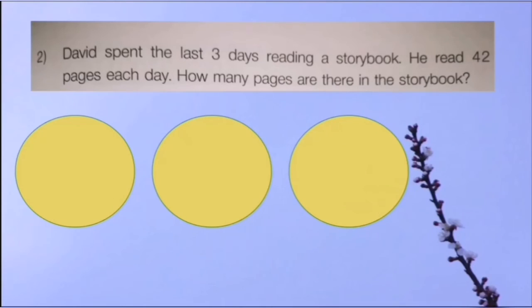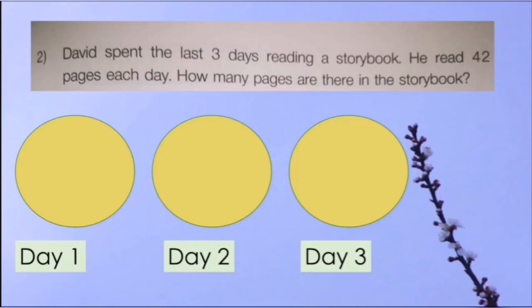Okay, now let's try to answer number 2. So here I have 3 circles. These 3 circles represent the days that he spent reading the storybook. So again, David spent the last 3 days reading a storybook. So we have day 1, day 2, and day 3. He read 42 pages each day.